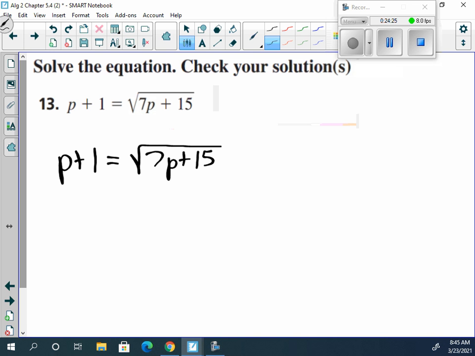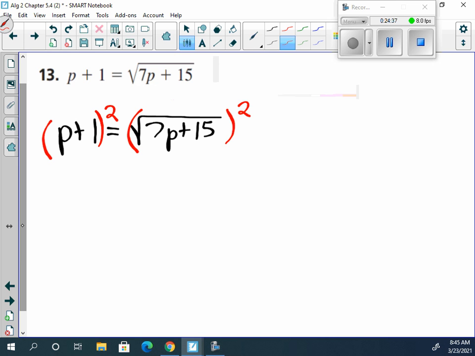We're going to put both sides to the second power. We're going to square them. Now, on the right-hand side, we have p plus 1 squared. That is not going to be p squared plus 1. Because p plus 1 squared is really saying that I have p plus 1 times what?